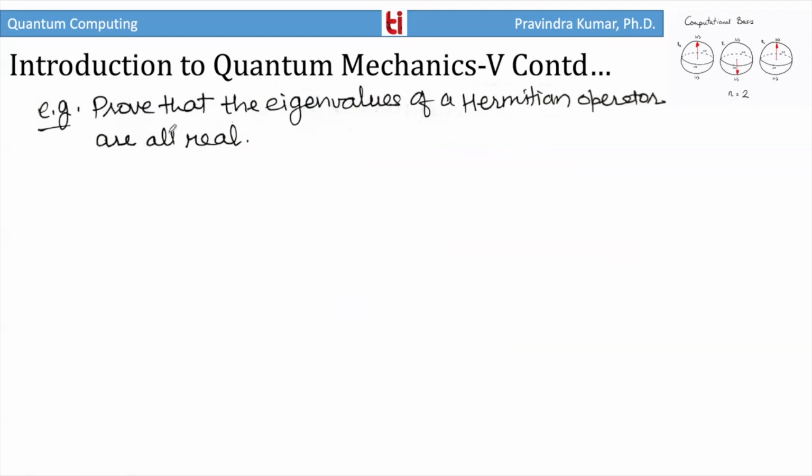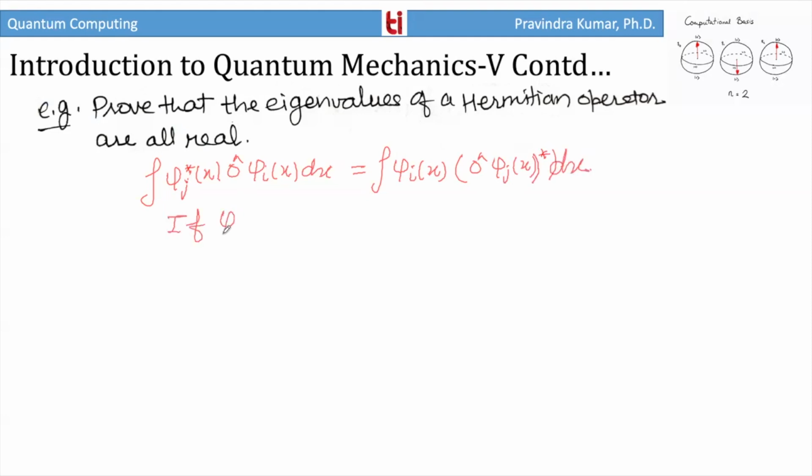Now here is one example. Prove that the eigenvalues of a Hermitian operator are real. We know for a Hermitian operator, the integral of psi j(x) operator O psi i(x) dx will be equal to the integral of psi i(x) times operator O psi j(x) conjugate dx.